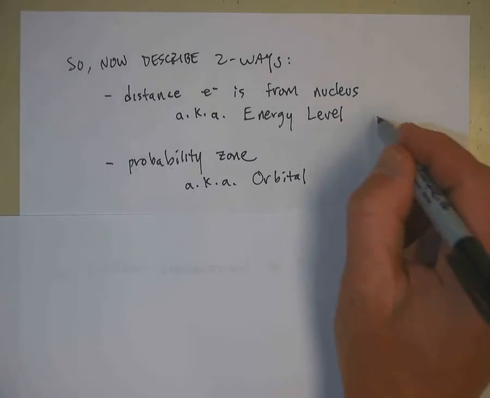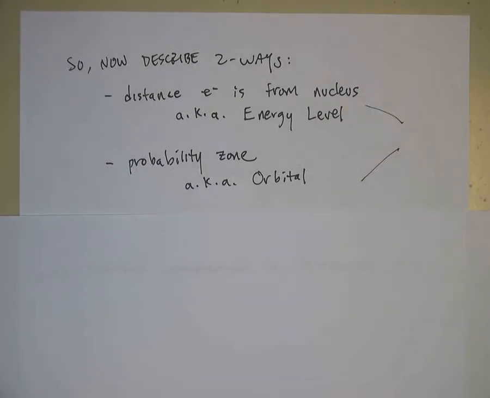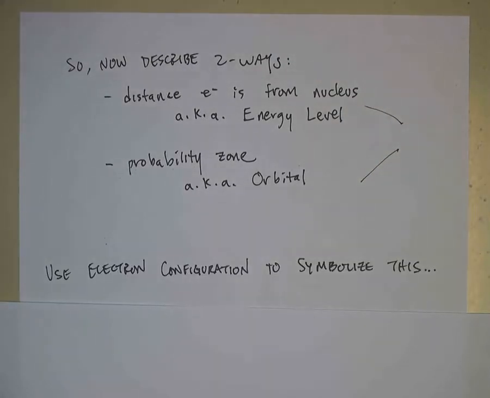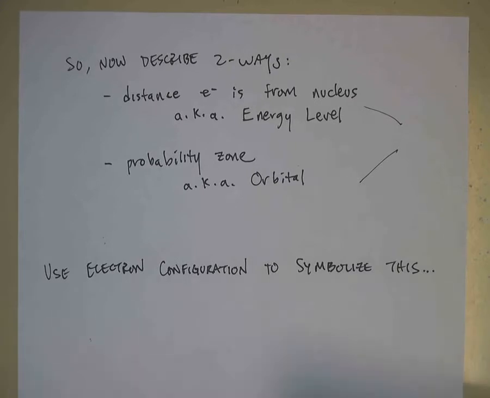We describe both of these things by using a symbolism called electron configuration. Electron configuration is a handy way to say, hey, these electrons reside closer or further away from the nucleus and are organized into certain patterns.